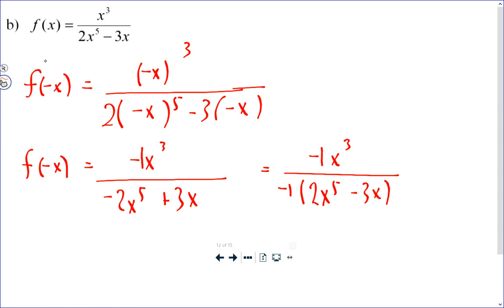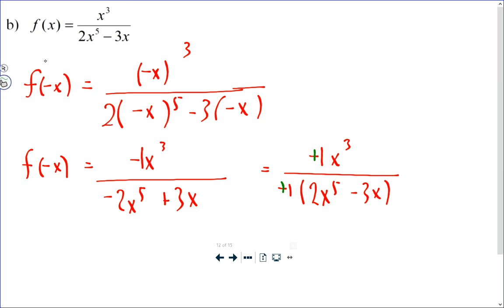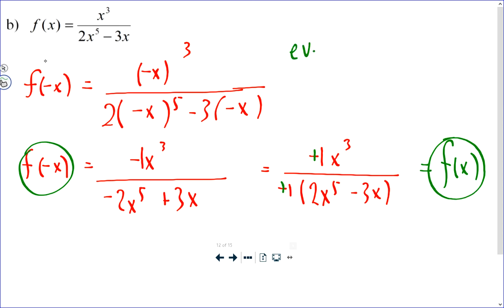And I can then cancel the factor of negative 1 on the bottom with the factor of negative 1 on the top. What I am left with is x cubed over 2x to the 5 minus 3x, which is f of x. So since f of negative x is the exact same thing as f of positive x, that means that this function has an even symmetry.